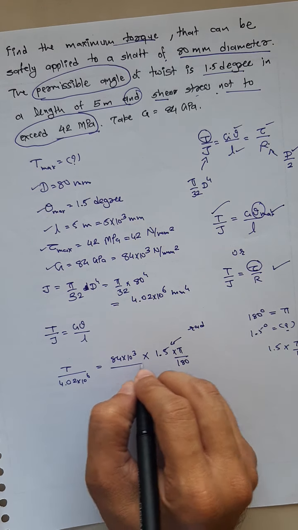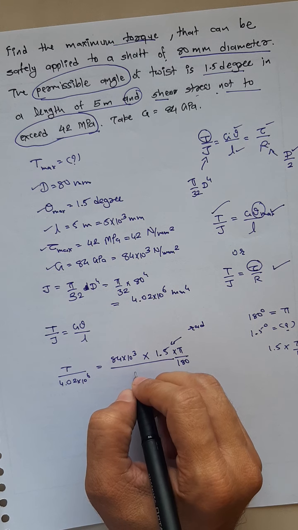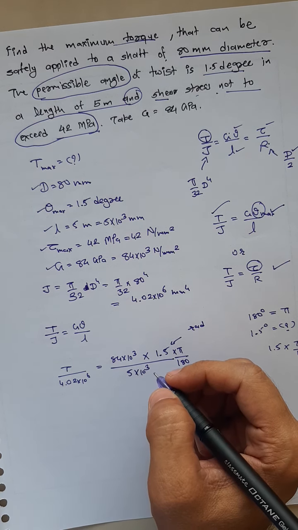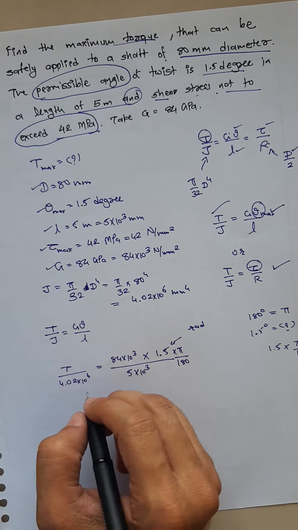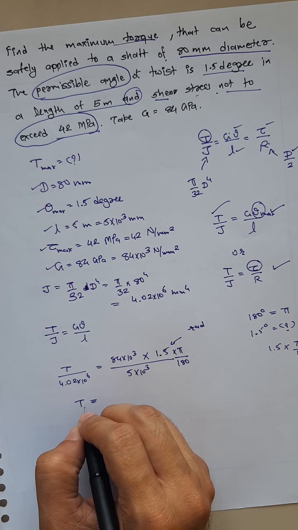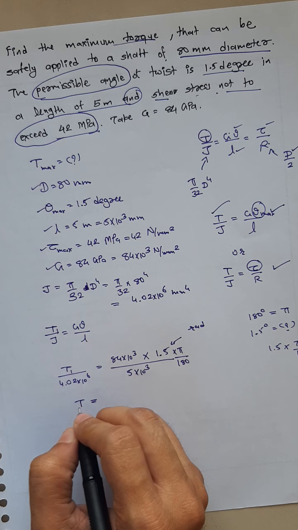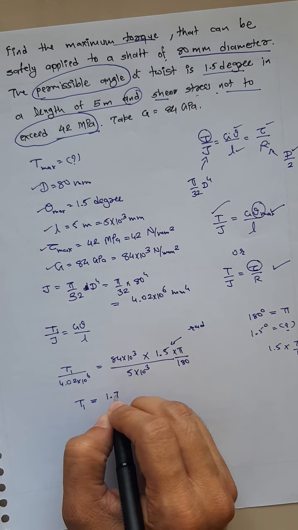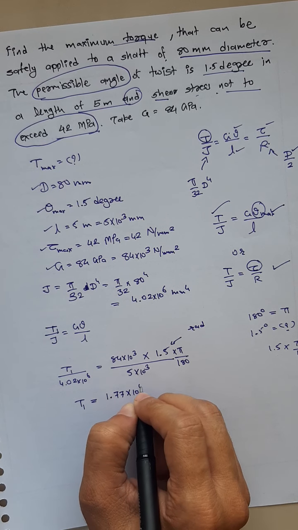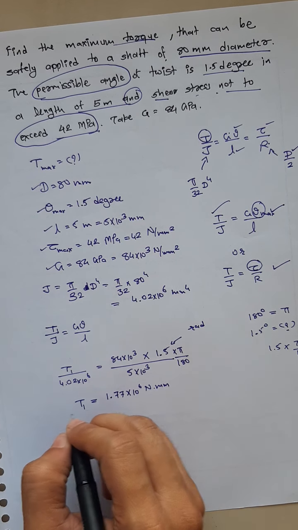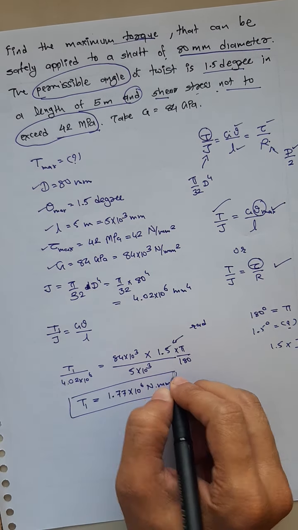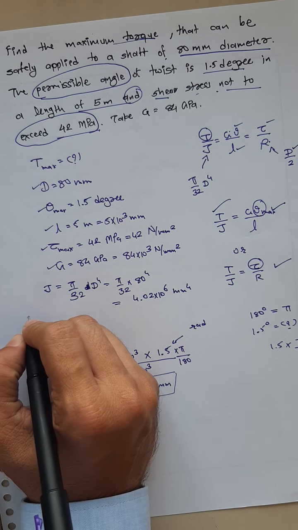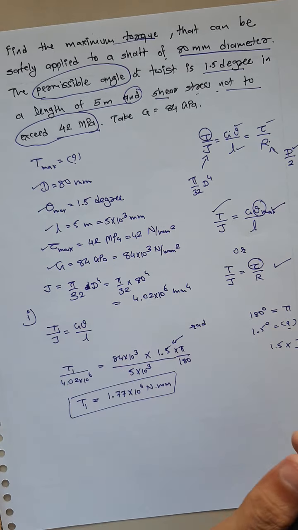So theta over L, and L is given as 5 into 10 raised to 3 mm. Now if you find the value of T, let me call it T1. So T1 will be equal to 1.77 into 10 raised to 6 Newton into mm. That is the first case when I have considered this equation.